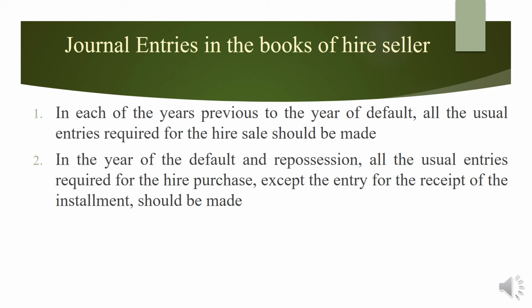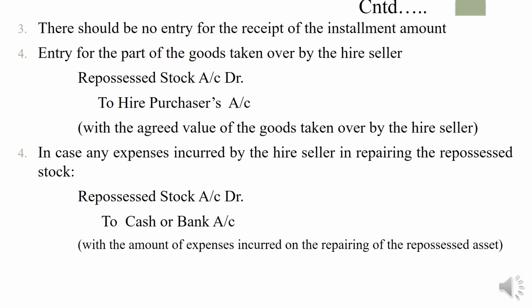Then in the year of default and repossession, all the usual entries are required for the hire purchase except the entry for receipt of the installment. There should be no entry for receipt of the installment amount because the seller is not going to receive the installments here.